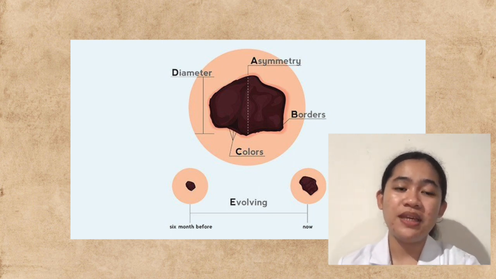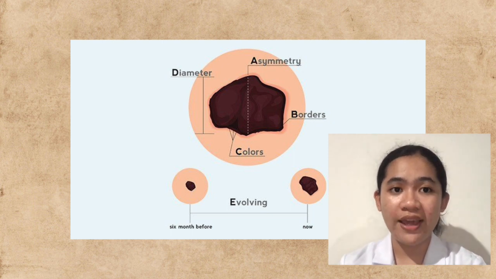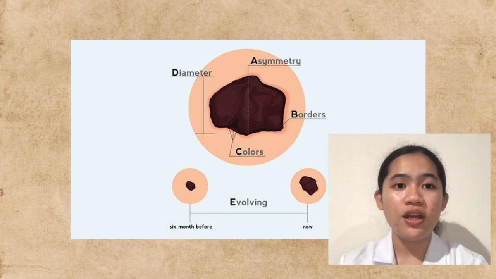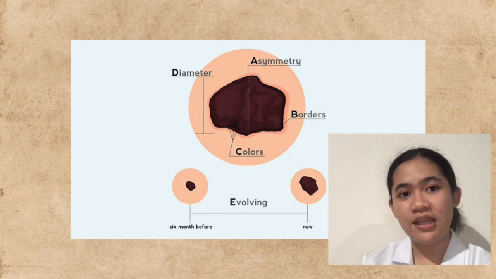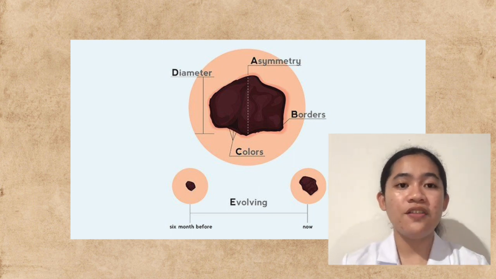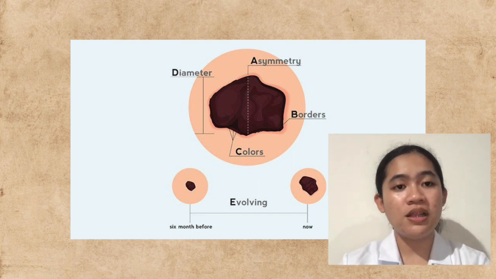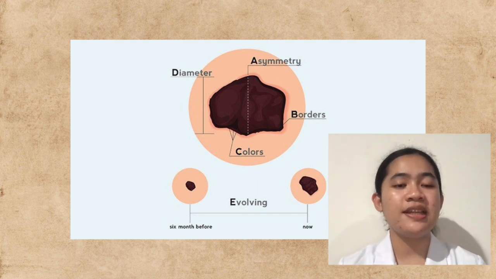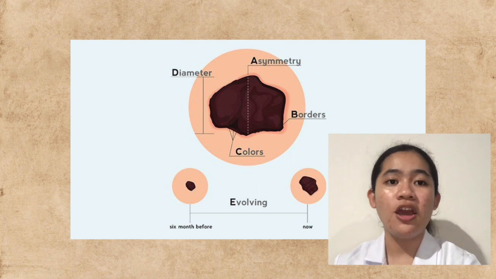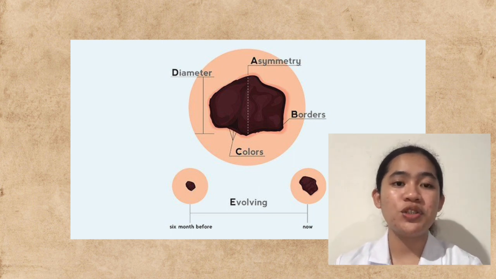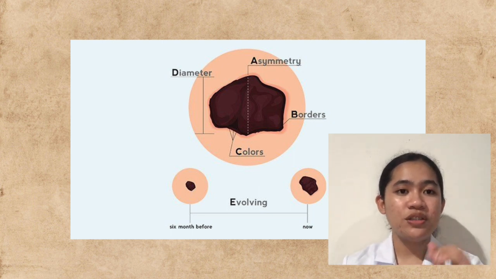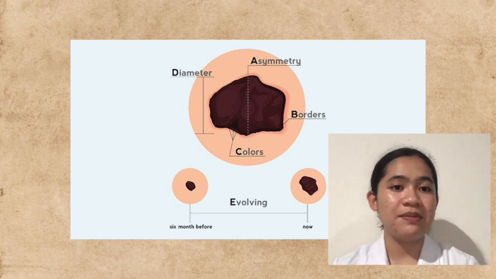Some parts will have a color of white, blue, or some parts may be fading and some parts are dark. And for diameter, an abnormal mole or melanoma is larger than 6 millimeters on a ruler. So a normal mole should not go beyond 6 millimeters.